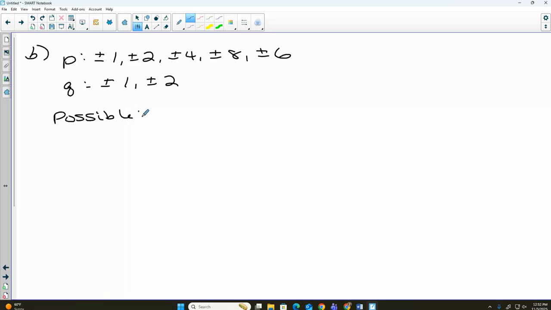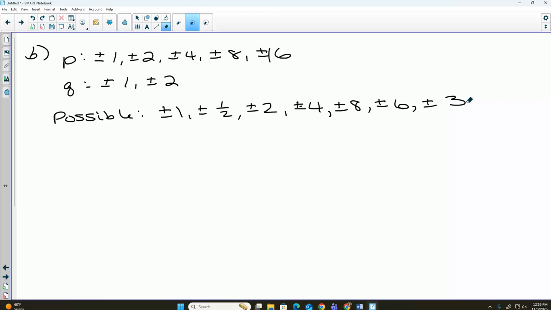So possible p over q: 1 over 1, 1 over 2, 2 over 1, 2 over 2 is 1 and I have it, 4 over 1 is 4, 4 divided by 2 is 2, I've got it, 8 over 1, 8 over 2 is 4. Oh, that's not 8, that's 16. So that would be 16. And 16 divided by 2 is 8. You've got that.